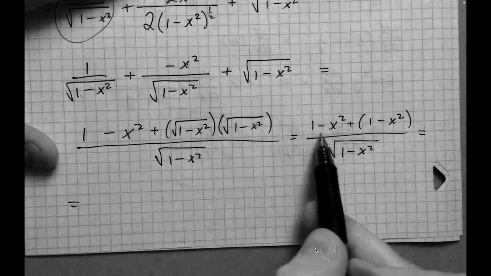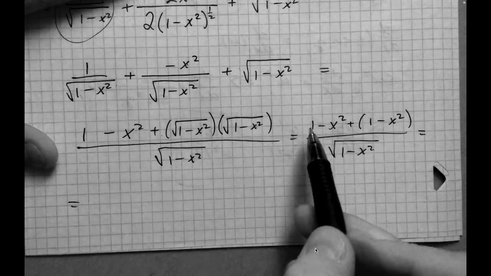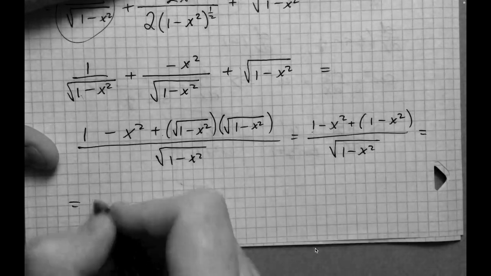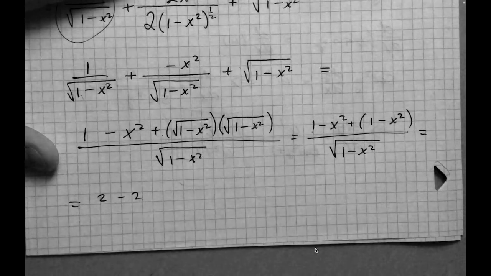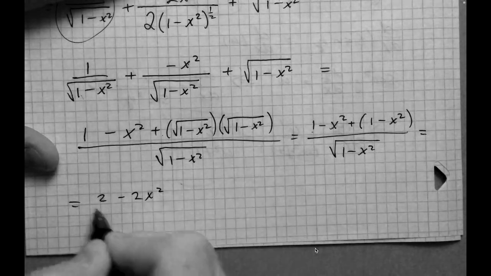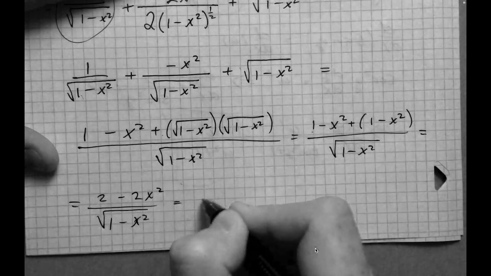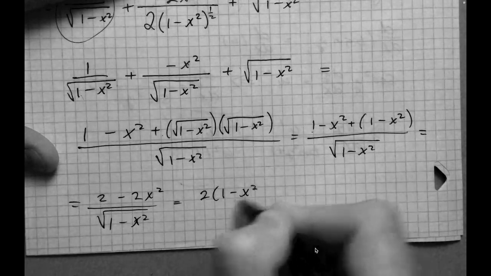And what do I get here? I think I would get 2 minus 2x squared over the square root of 1 minus x squared. And technically I would write 2 times (1 minus x squared).